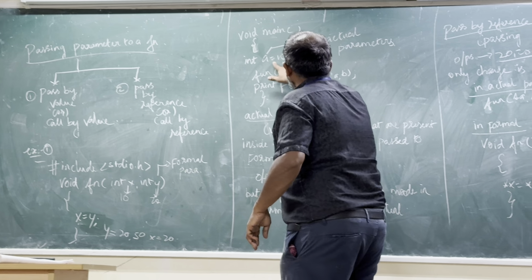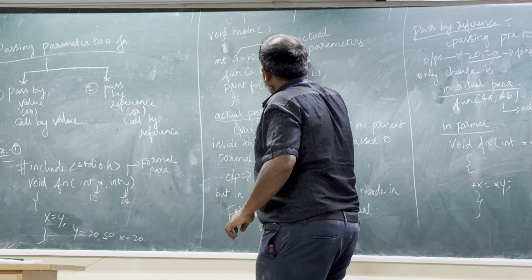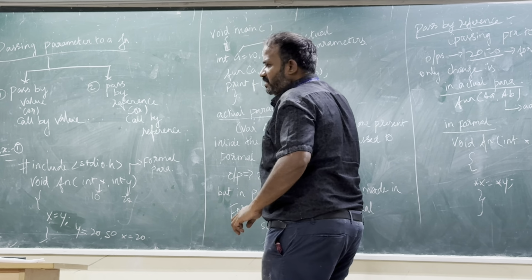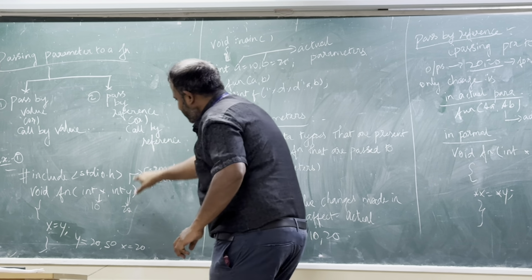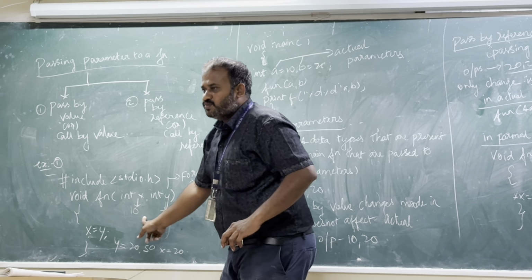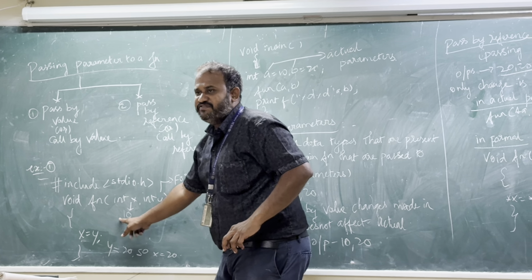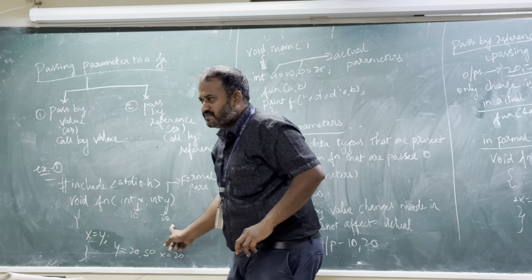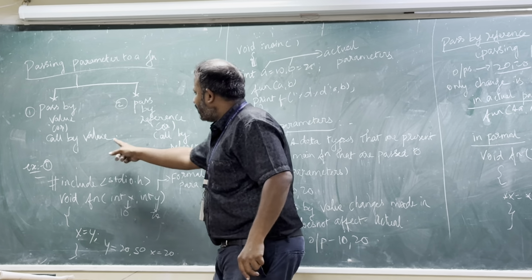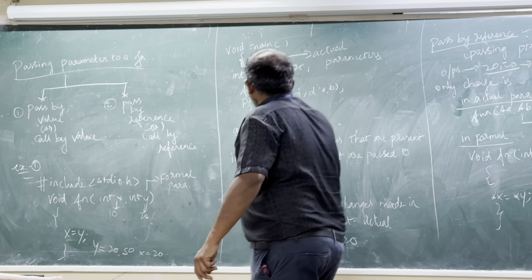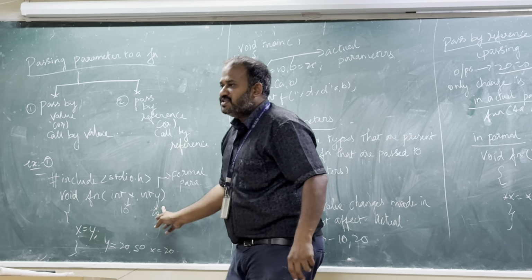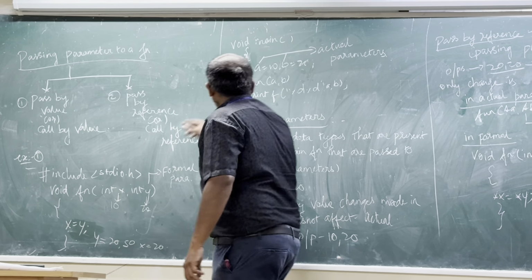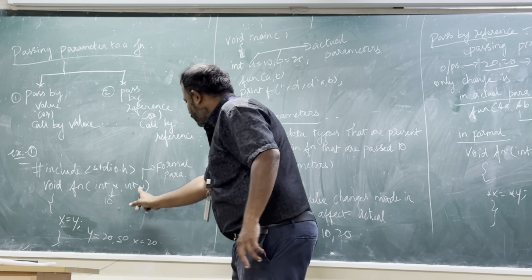So a = 10, b = 20 is passed by using the function call with a, b. This actual parameter is passed from the main function. I am not going to define any value for x and y, but by using call by value I can pass these values to x and y. So now x is a and y is b.